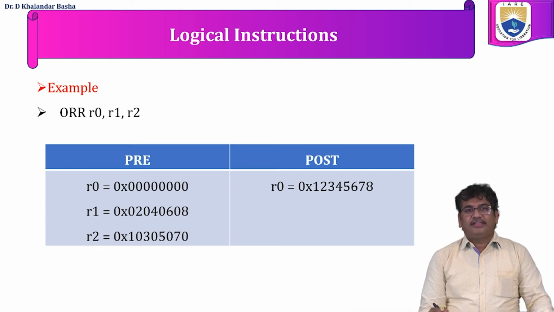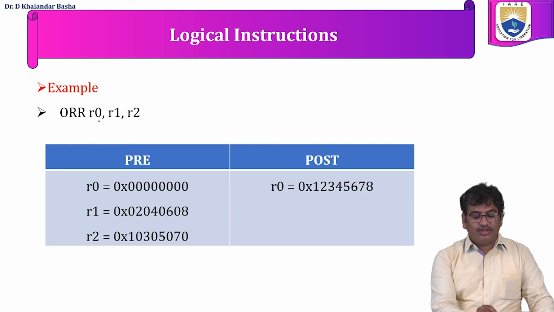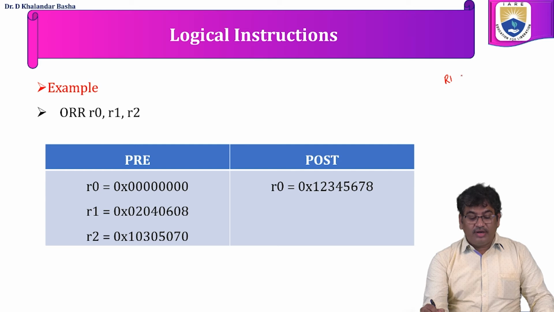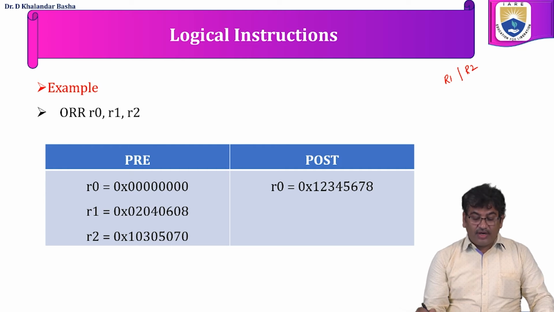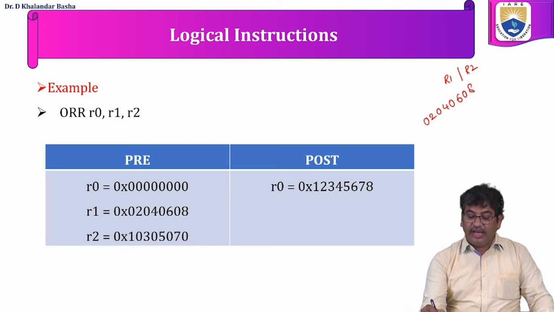Now we will see a few examples related to logical instructions. ORR R0, R1, R2. Here the R1 register contents will be ORed with the R2 register contents. The R1 contents we have are 0, 2, 0, 4, 0, 6, 0, 8.